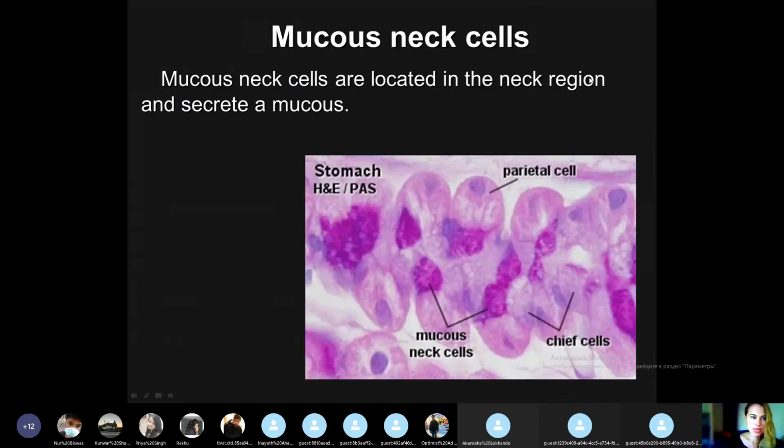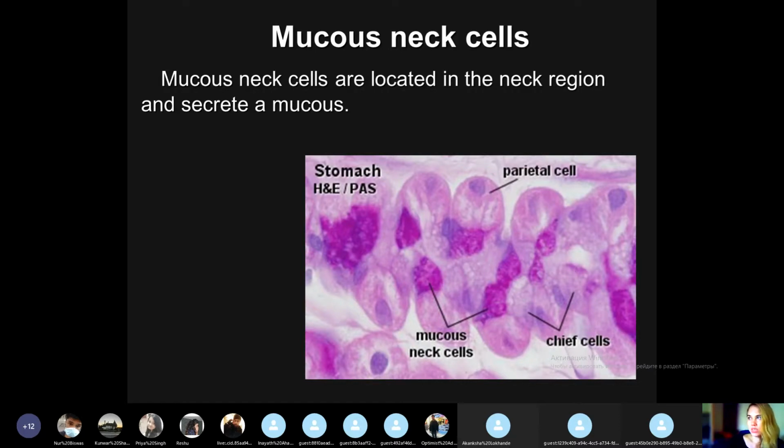Mucous neck cells. The mucous neck cells are found in the surface of the gland in the neck region, and these cells secrete mucus. The role of the mucus is, first of all, a protective role: protection against the aggressive low pH of the stomach.